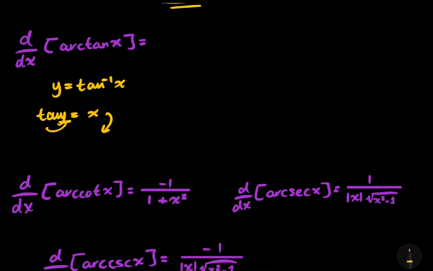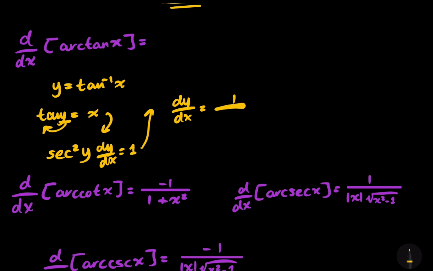The derivative of tangent of x is secant squared of, keep in mind, we're not inputting x, instead we're inputting y. So it's going to be secant squared of y times dy by dx equals the derivative of x, which is just 1. Then again, we can divide both sides by secant squared of y, and we'll end up with dy by dx equals 1 over secant squared of y.